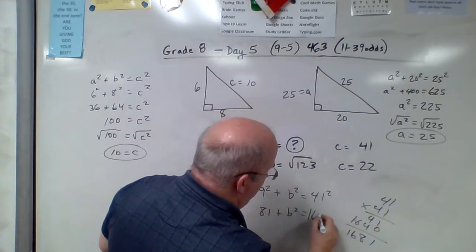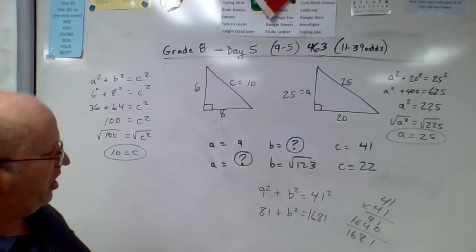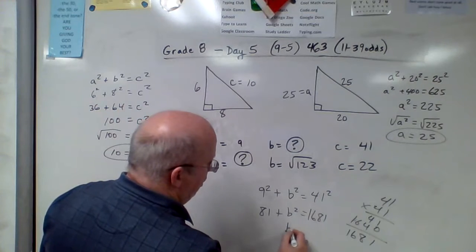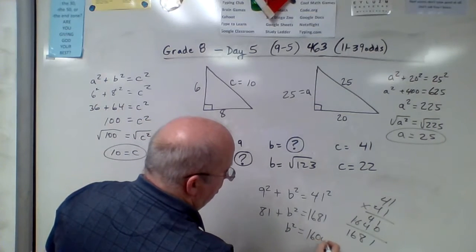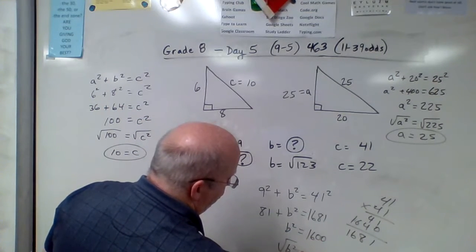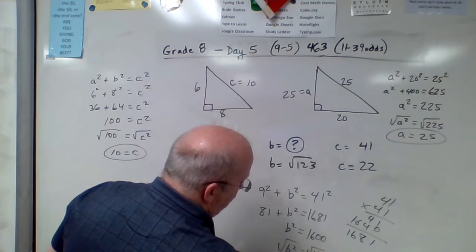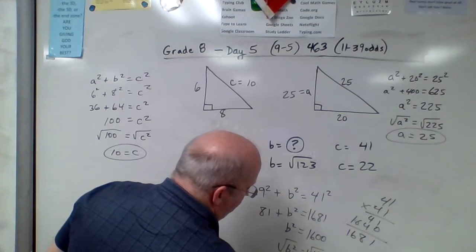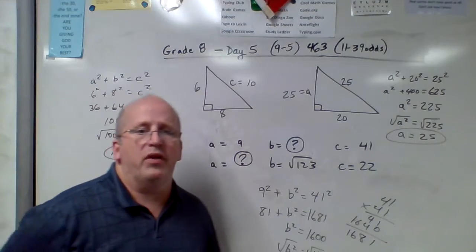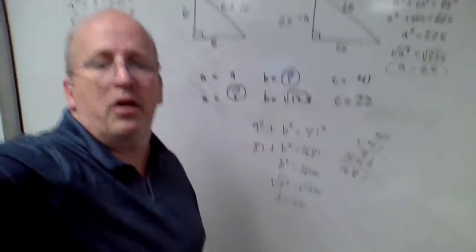I get 1681. We're going to subtract 81 from both sides of the equation, and then take the square root of both sides, and our b value equals 40. Did that fit on there? No, it didn't. Got cut off a little bit.